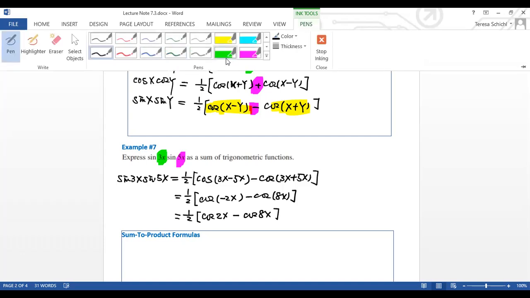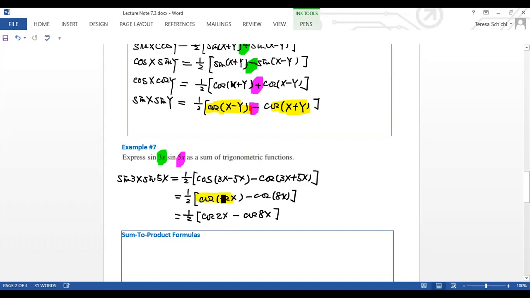From this one to this one, the reason is that the cosine function is an even function, so the negative just disappears here. All right, now let's take a look at our last set.